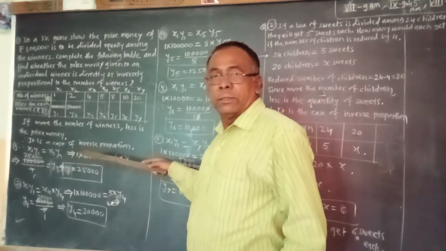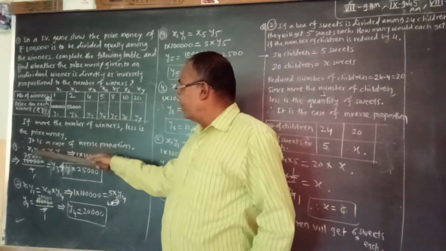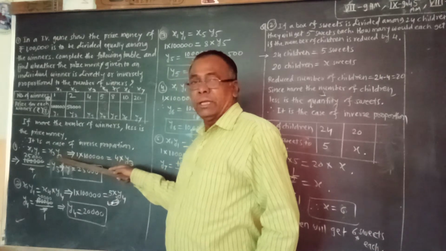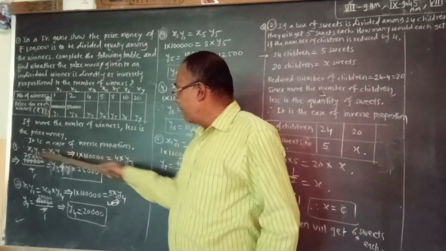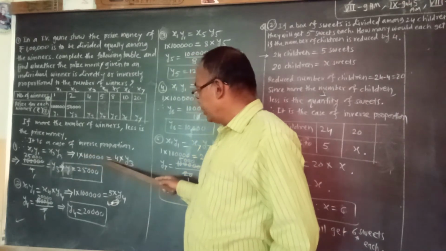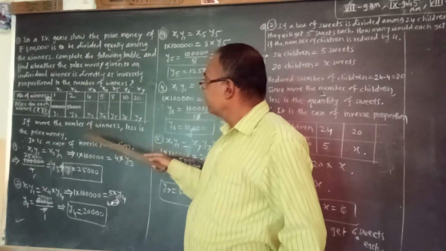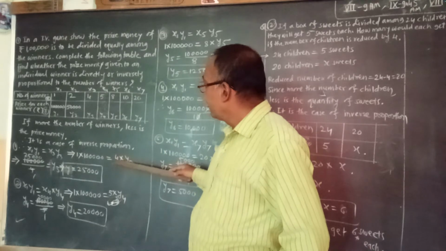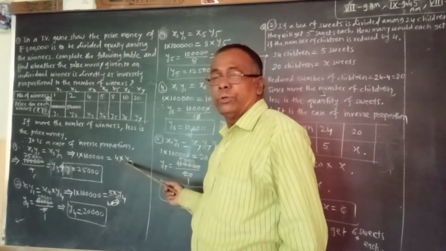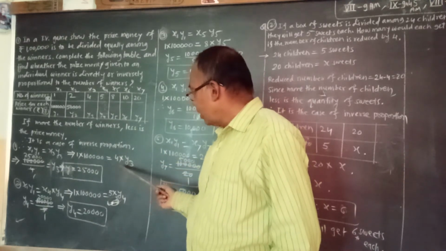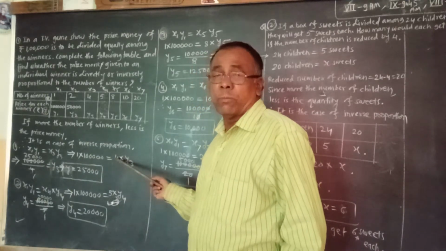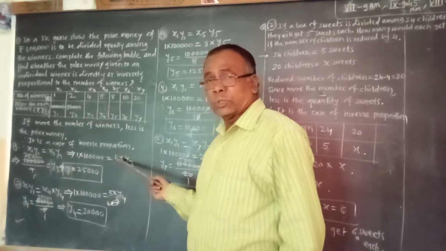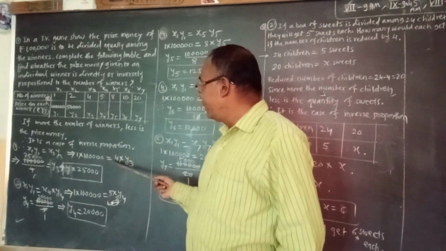Here x1 y1 is equal to x3 y3, so x1 is 1, y1 is 1 lakh, which is equal to x3 is 4 and y3 we don't know. To find y3 we transform 4, so 4 will divide 1 lakh.